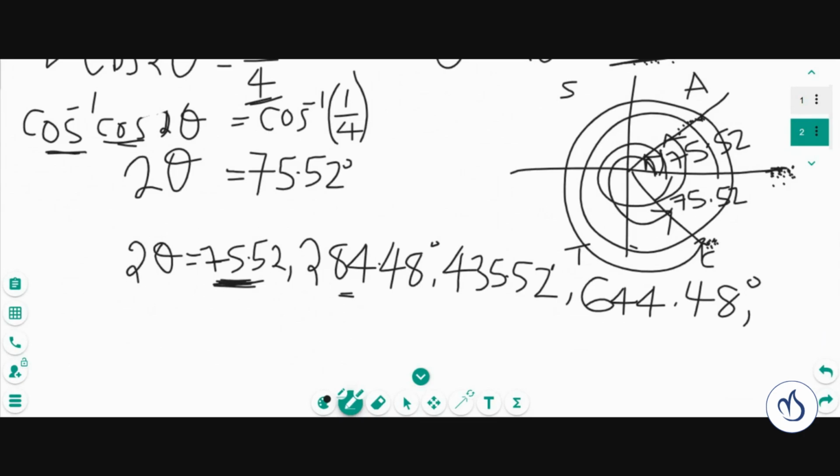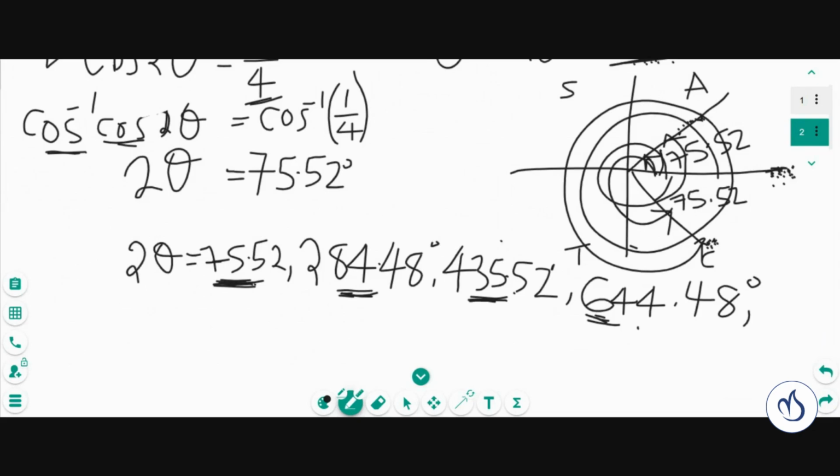I have added 360 here to get this one, and 360 here to get this second one, and the last one, sorry. So you come to these last two. We try to make another cycle to see if it still fits.